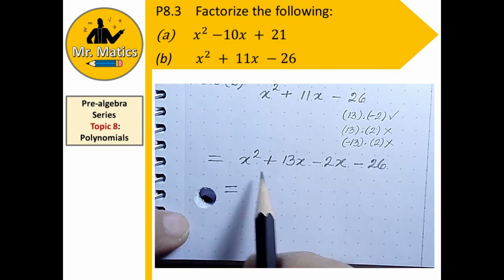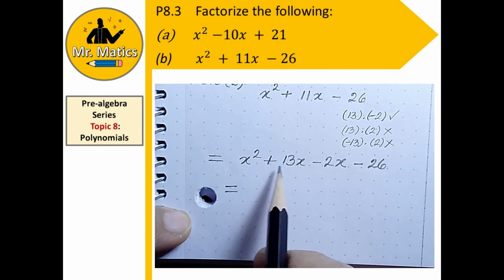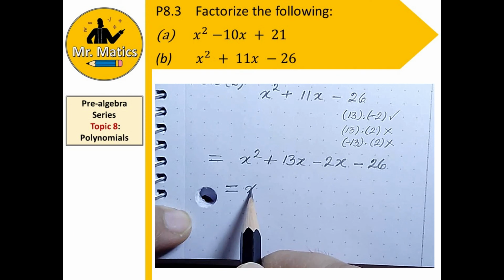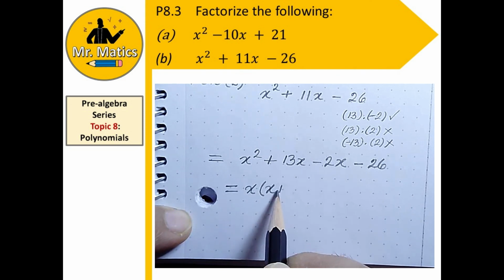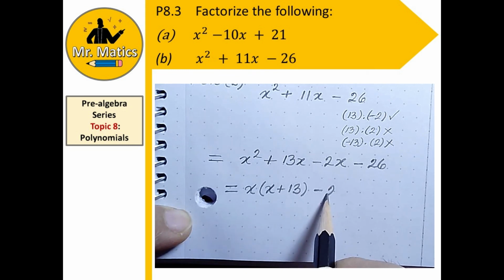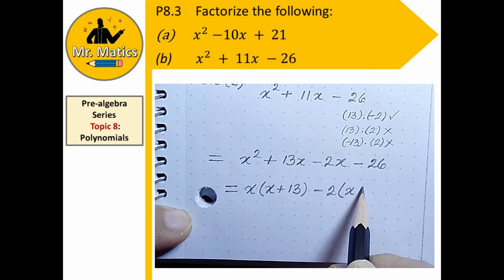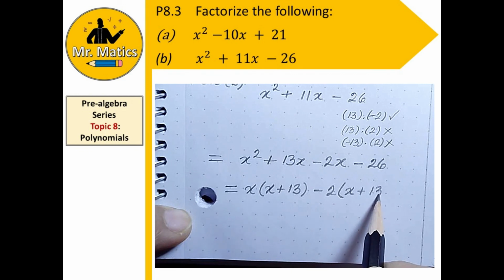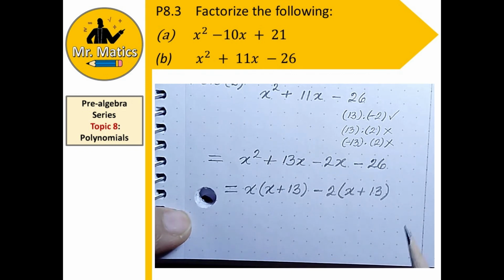Equals, let's take the x common between these two, x plus 13, and then the minus 2 common, x plus 13. If you are in doubt, remove the brackets and see if you get the original expression back.